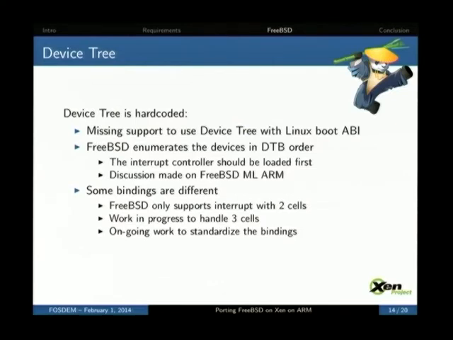You need to have the device tree passed to FreeBSD. The second thing is FreeBSD enumerates the different devices in the device tree order. So that means if you have a device which uses an interrupt before the interrupt controller is initialized, FreeBSD will likely crash because the driver is not initialized, so it won't be able to enable the IRQ.